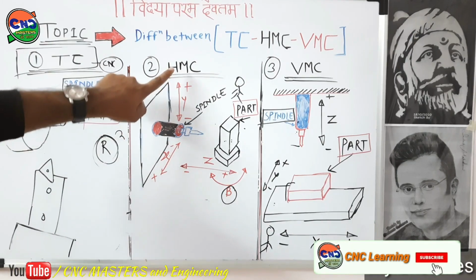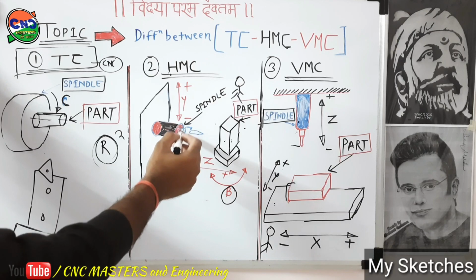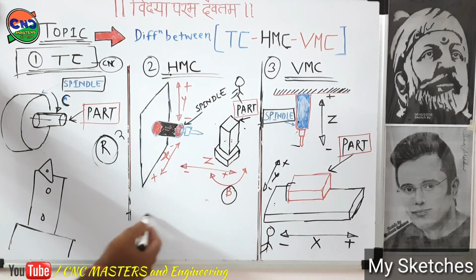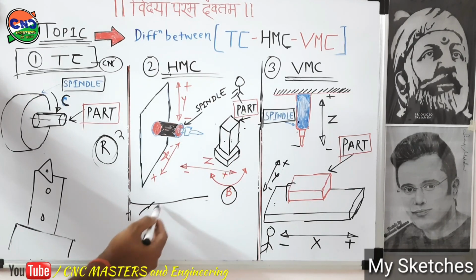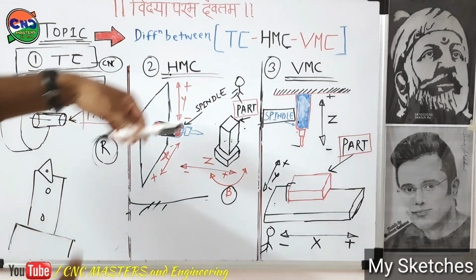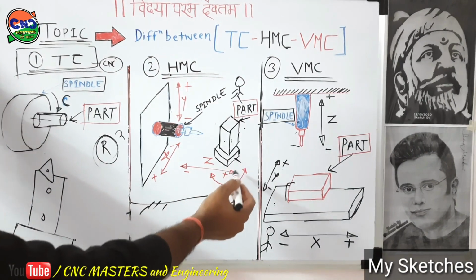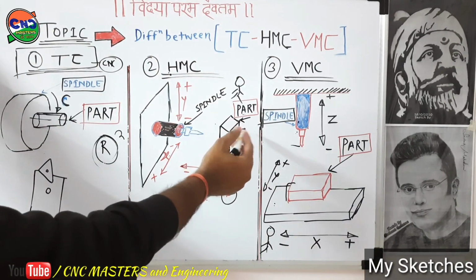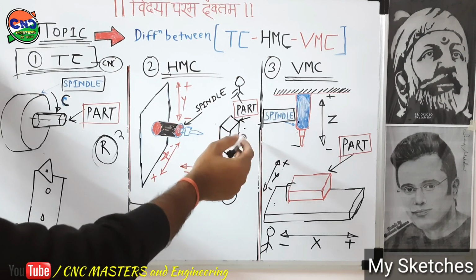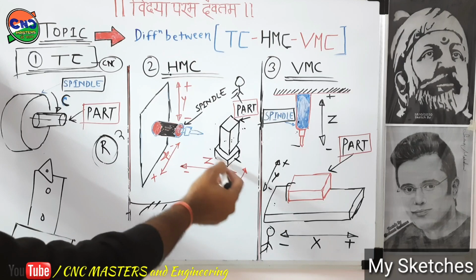HMC, horizontal, means your spindle, this spindle having a tool, is horizontal to the ground. Okay, this is the ground, and this spindle is horizontal to the ground, maybe you can see like this. And this is a pallet where your fixture is clamped or mounted, and we can machine four sides because this axis is movable.